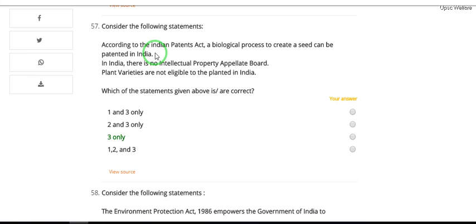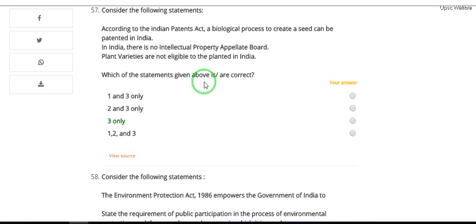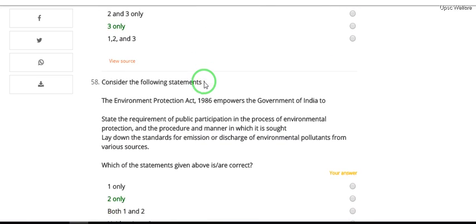Because recently, of course, a patent held by a company on potato was nullified by the Indian government. That was recently in the news. So that's why it's incorrect here. Only the third option is correct, that plant varieties are not eligible to be patented in India. Yes, only 3 is correct.